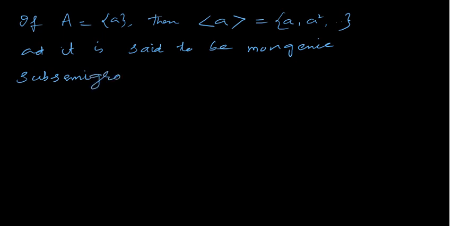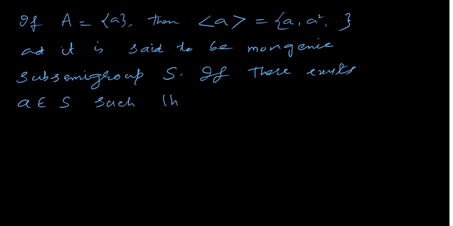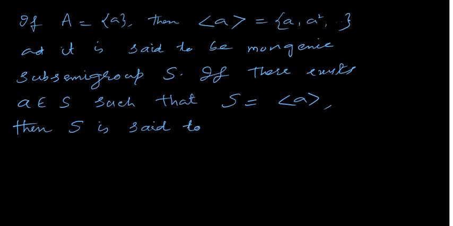Now if there exists A in S such that this S is generated by that A, then S is said to be a monogenic semigroup. जैसे साइक्लिक ग्रुप होता है ना, यहाँ पर साइक्लिक सेमीग्रुप नहीं कहते, यहाँ पर कहते हैं मोनोजेनिक सेमीग्रुप.